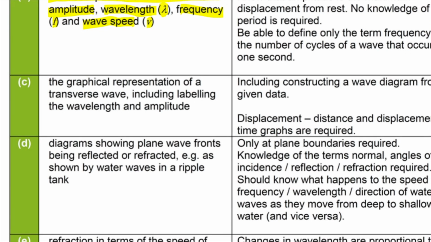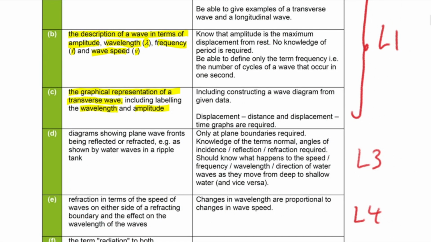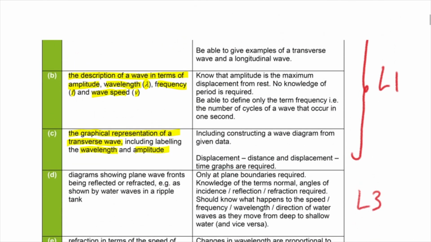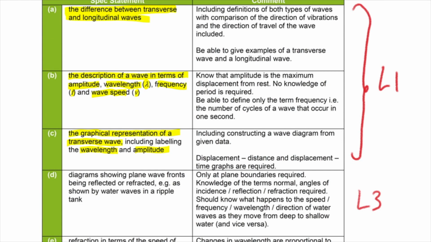We'll look at how we can represent waves, a graphical representation of transverse waves, including the labeling of wavelength and amplitude. Those are the 3 that we're going to be learning about today.